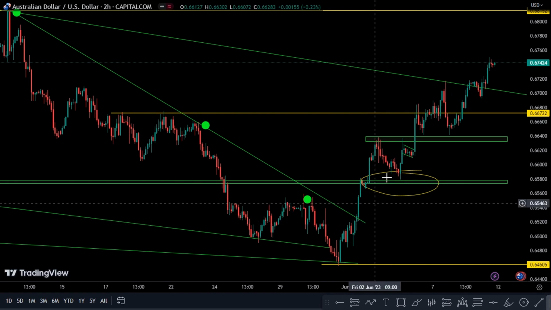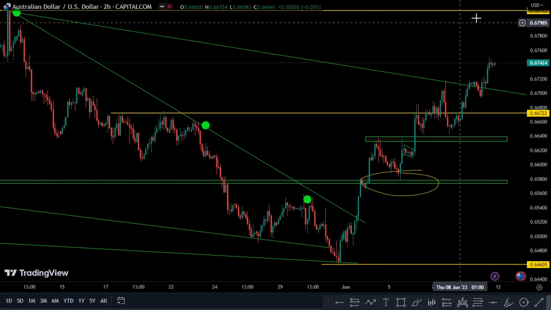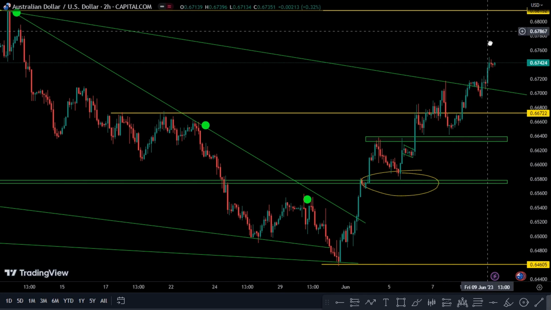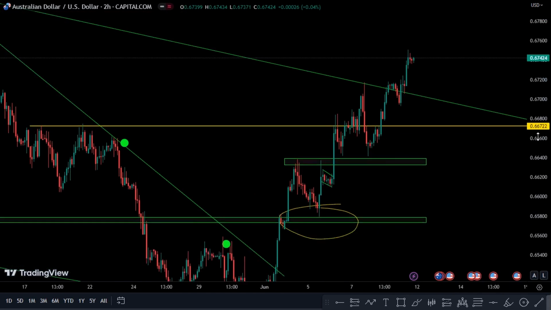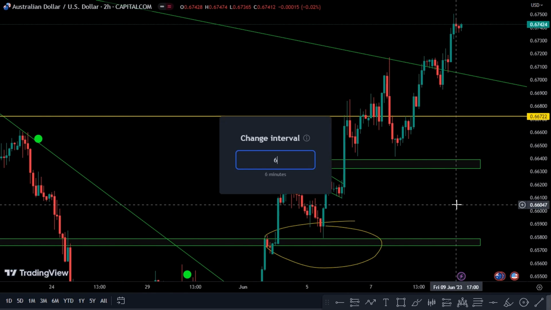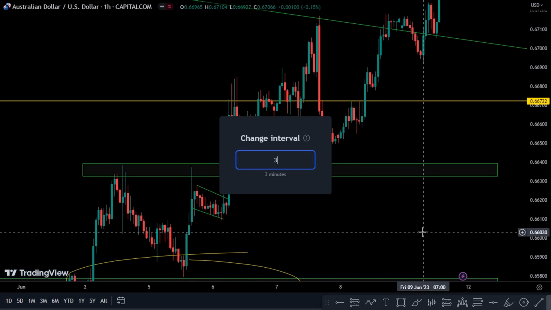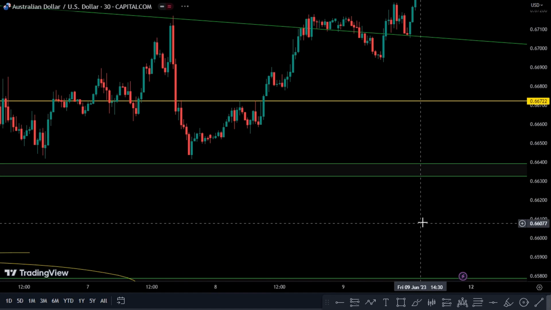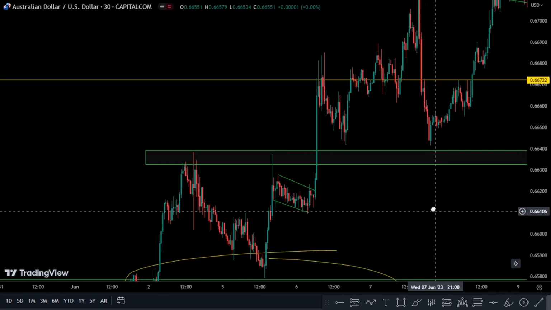We were definitely anticipating a move all the way to that area where we would have a completion of a 90% move when the market reaches this resistance structure right here. And as you can see, our anticipated trade ended up playing exactly as we anticipated.